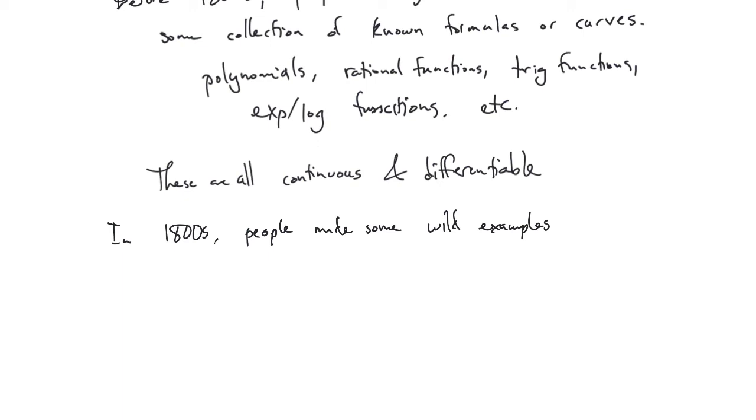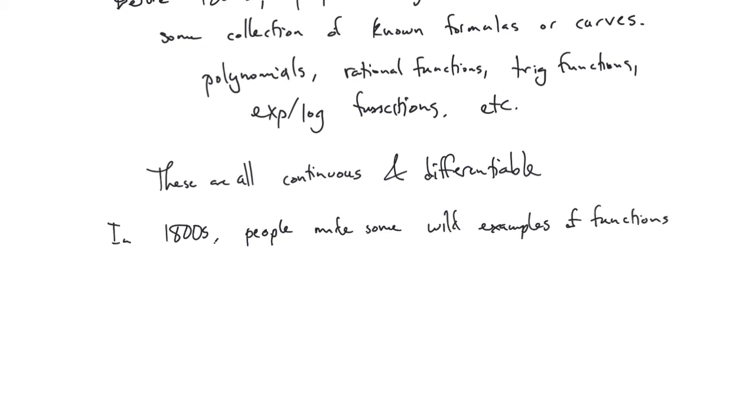And I imagine there was some temporary controversy, although nowadays, basically anything counts as a function. If you can describe how you get the answer, then it's a function. There's no other requirement. So people made wild examples of functions. I want to talk about two such wild examples in our remaining 15 minutes.